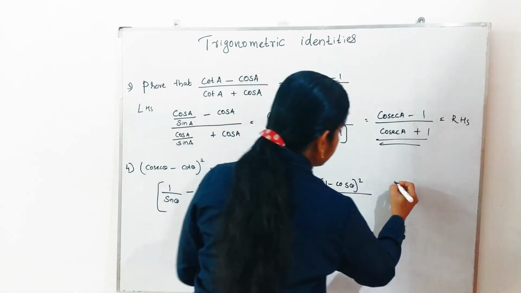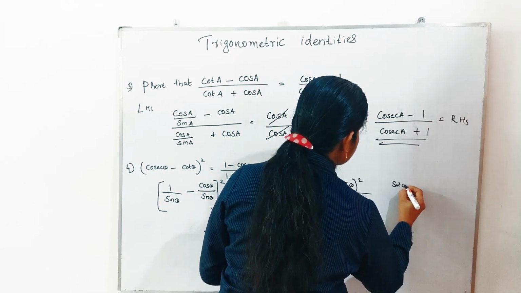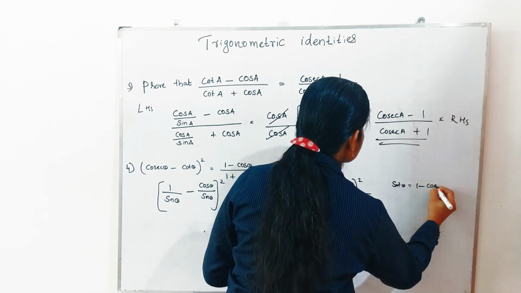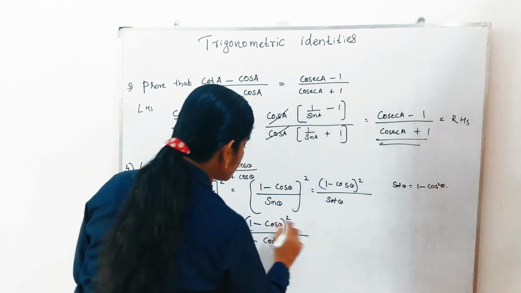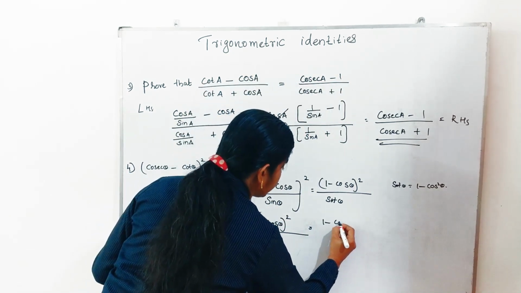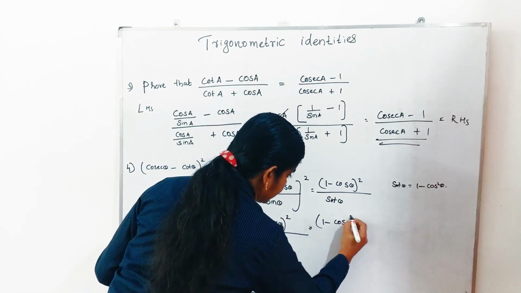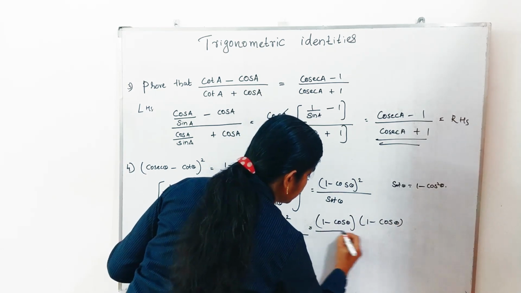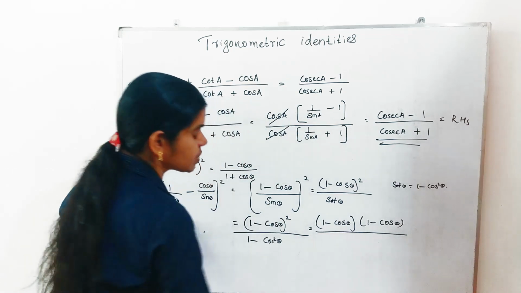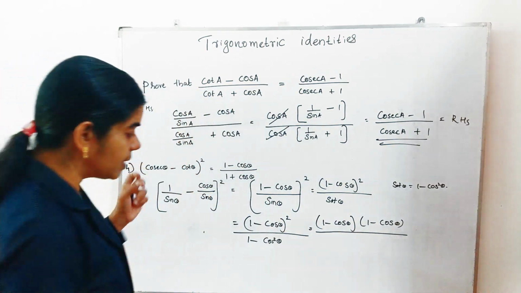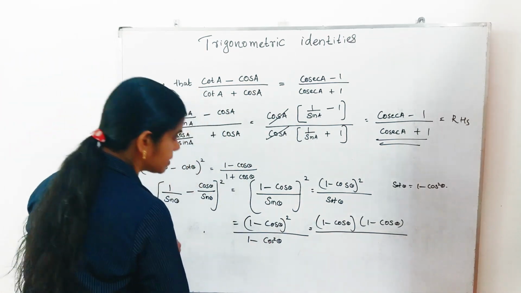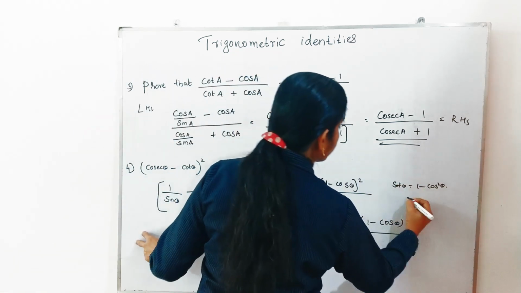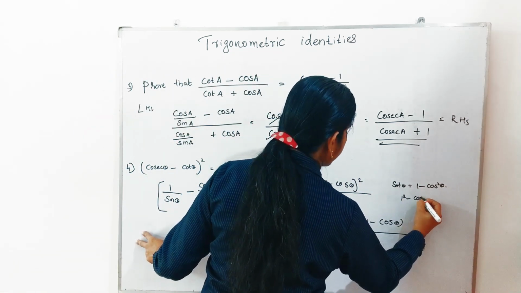This whole square means you can write 1 minus cos theta into 1 minus cos theta divided by 1 minus cos square theta.